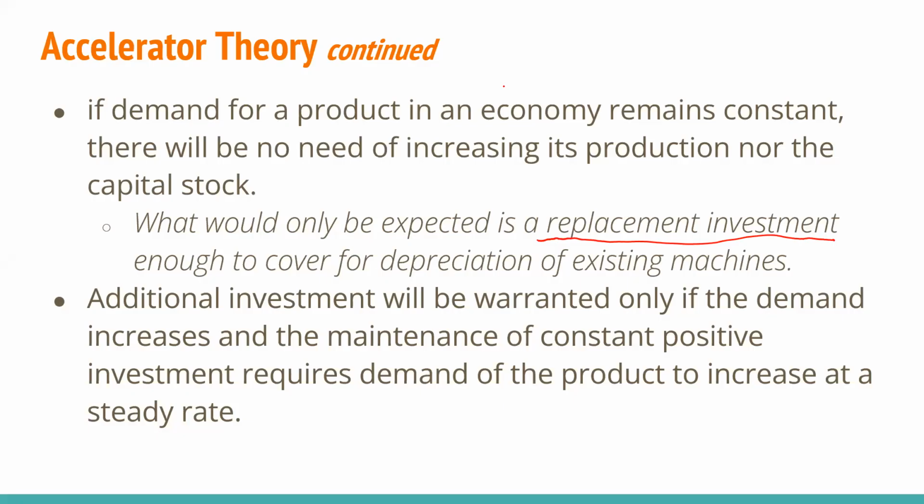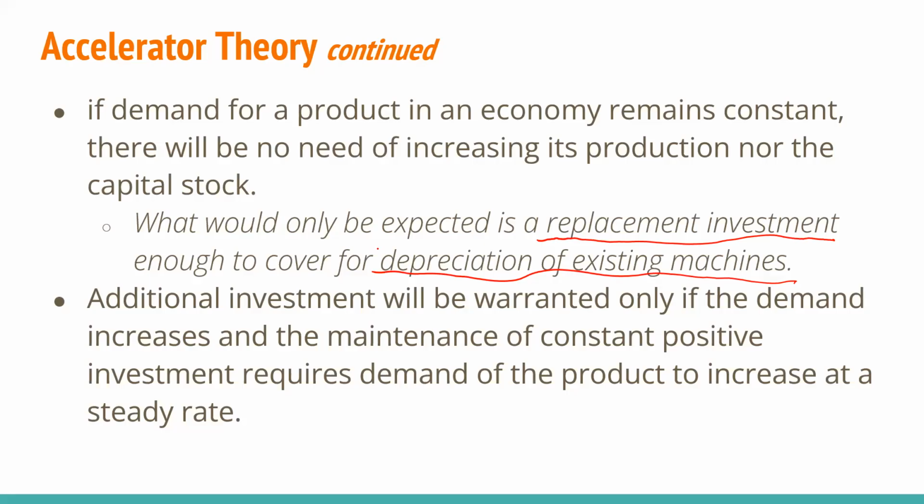You just replace investment only to the extent that it covers the depreciation of machinery or the depreciation of assets, if you like. So that's what accelerator theory demands, that it's basically dependent on the rate of change in output rather than the level of output.